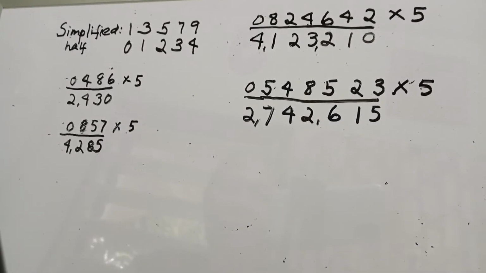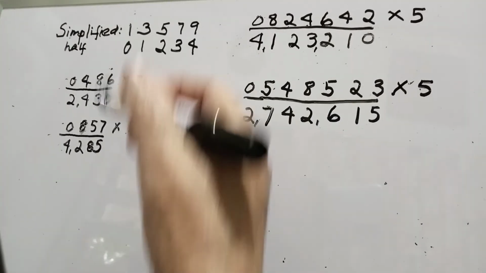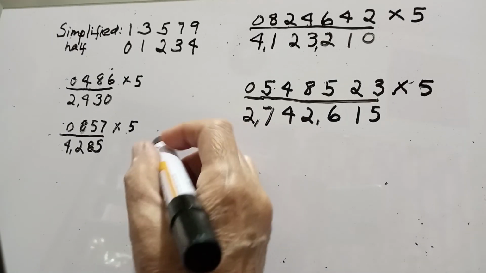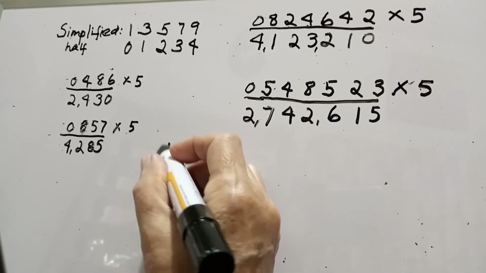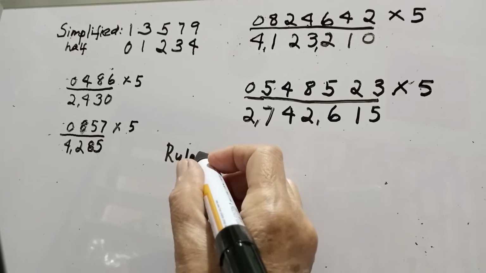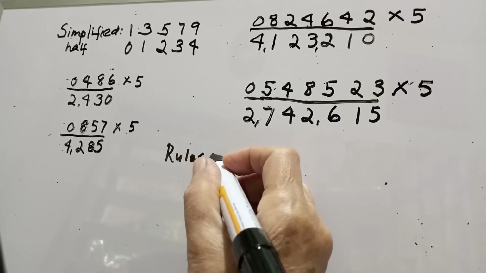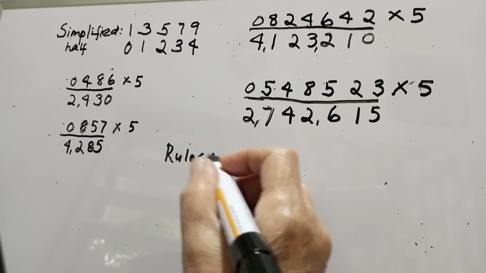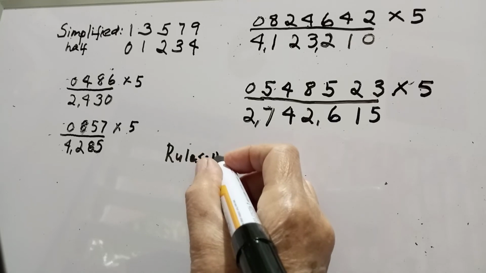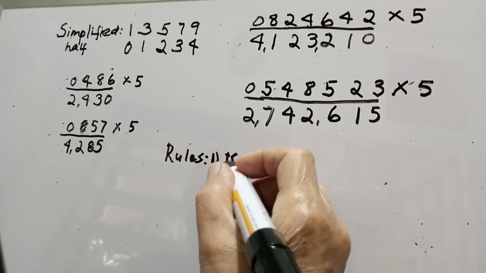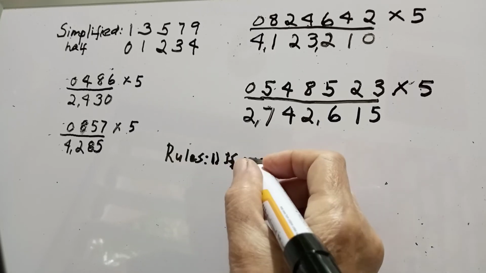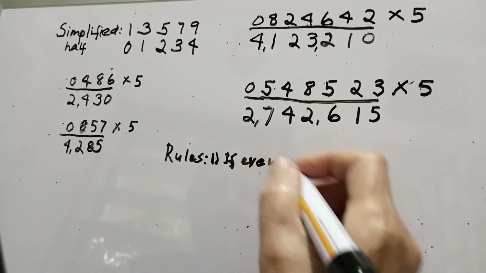Now, you may wonder, or you may find it a problem on how to remember this procedure. So, I will write down the rules for you to remember. So, let us have rules. Rule 1: if even, meaning if the number is even, can you read my handwriting?